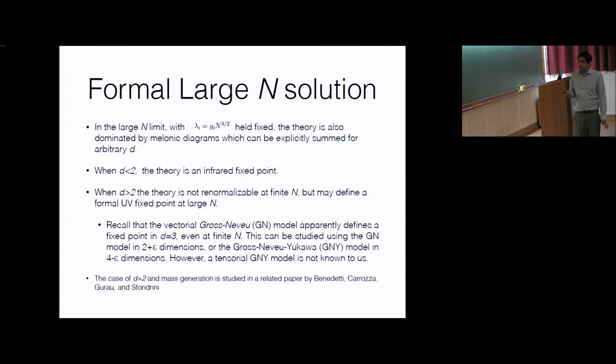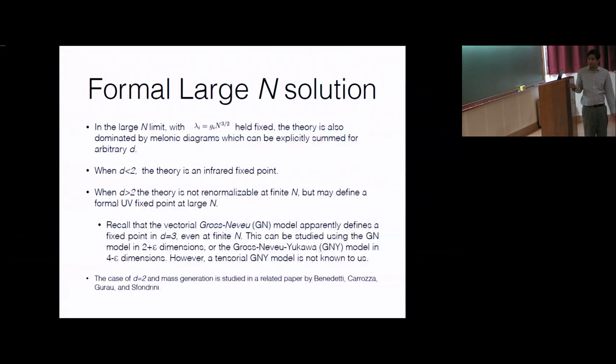Just one reason you might consider it is because the vectorial Gross-Neveu model defines a fixed point in t equals 3 even at finite N. And the reason it's well defined is that it's the IR limit of a Gross-Neveu-Yukawa model in 4 minus epsilon dimensions.